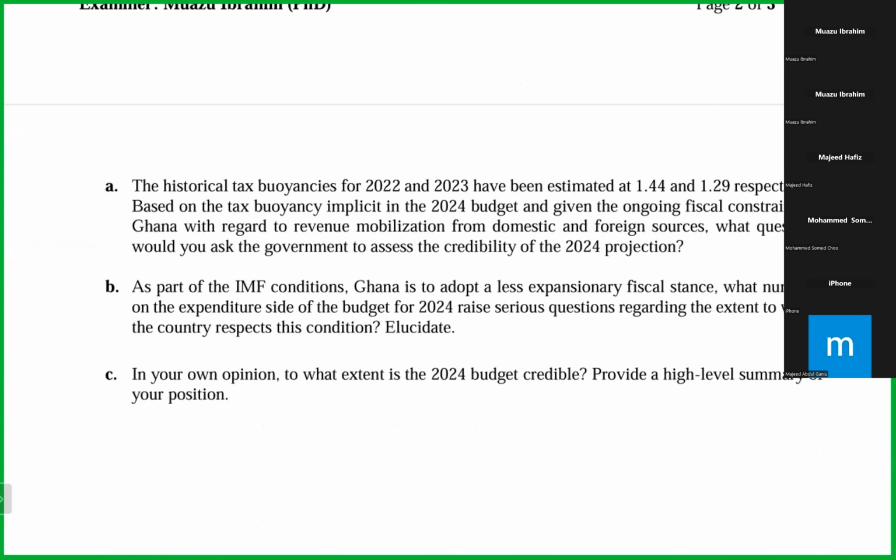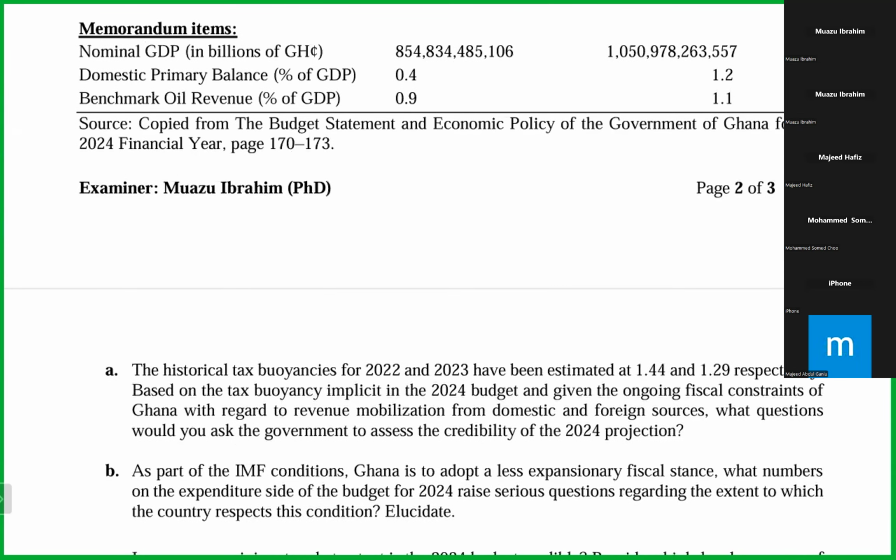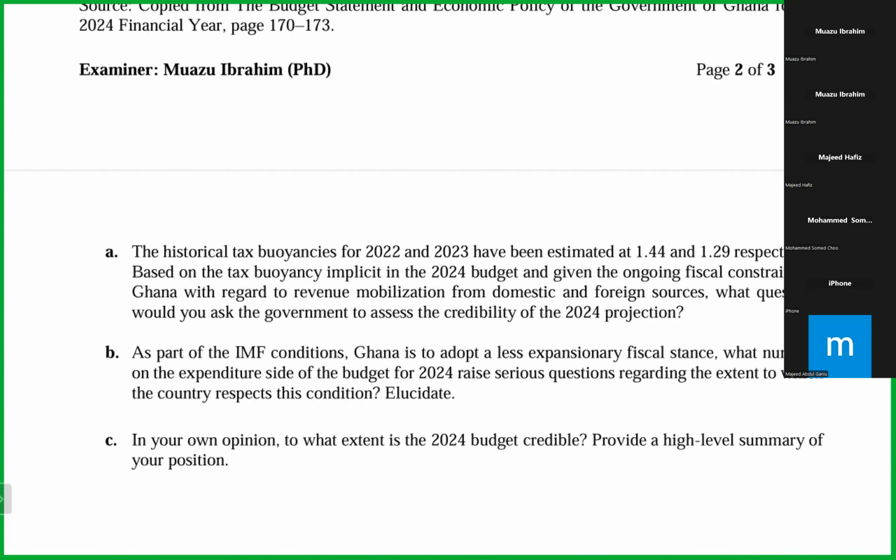Now you can look at it from this perspective of you analyzing as an economic consultant. The historical tax buoyancies for 2022 and 2023, which means that we've given you the tax buoyancy for 2022 and in fact 2023, and we've estimated it to be what? 1.44 for 2022 and 1.29 for 2023.